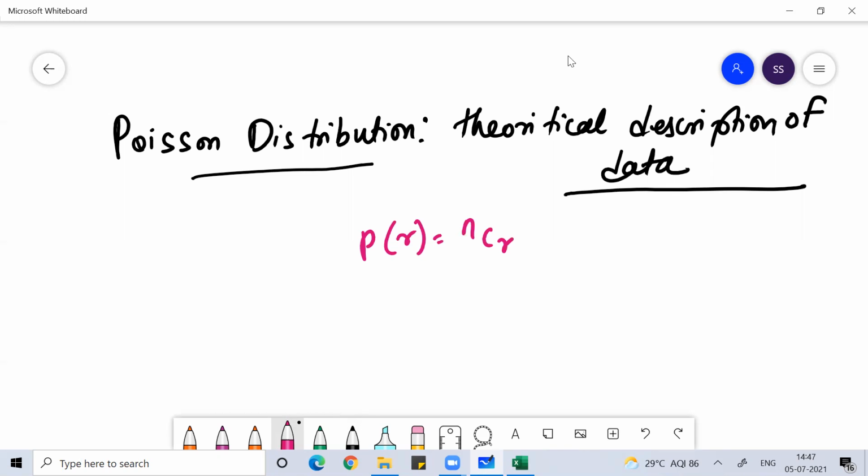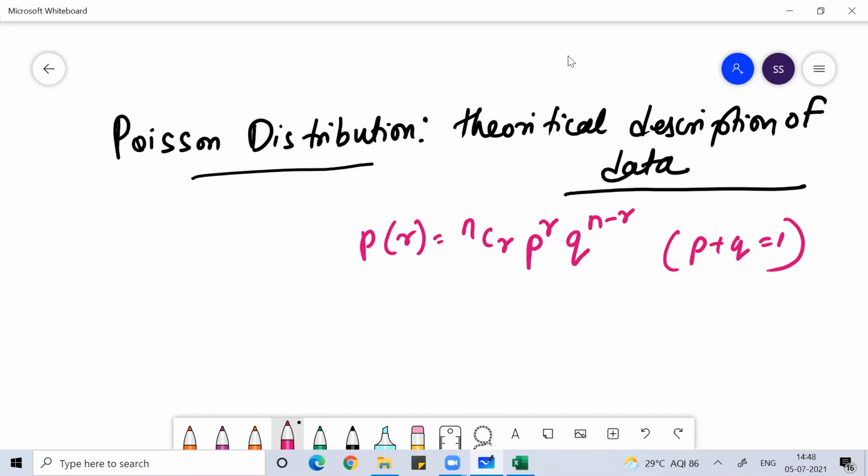The formula for binomial distribution is nCr p to the power r q to the power n minus r, where p is the probability of success and q is the probability of failure.